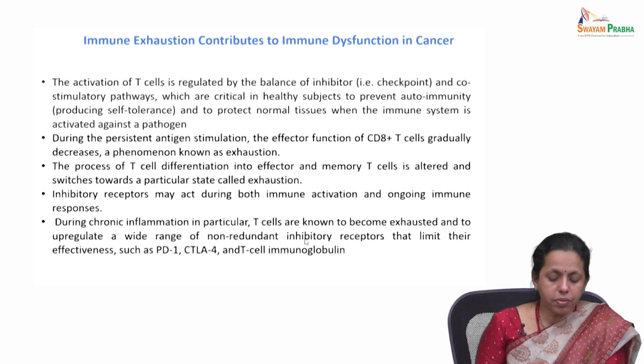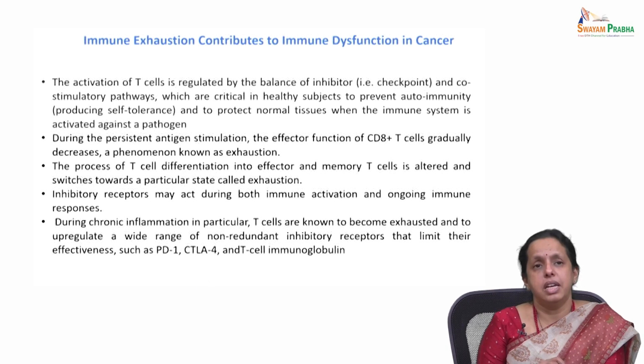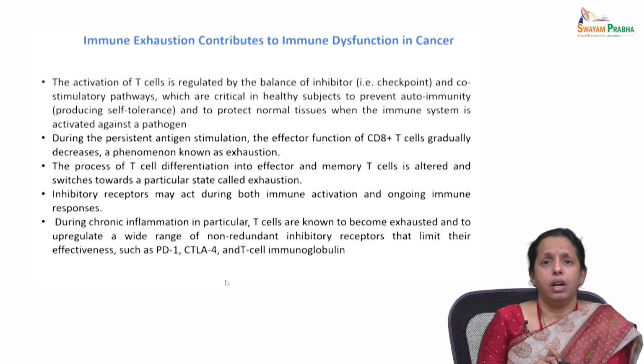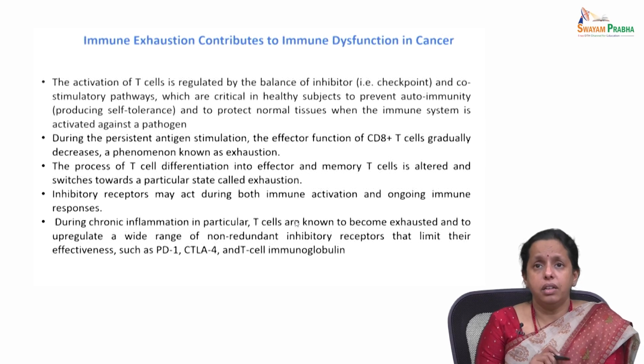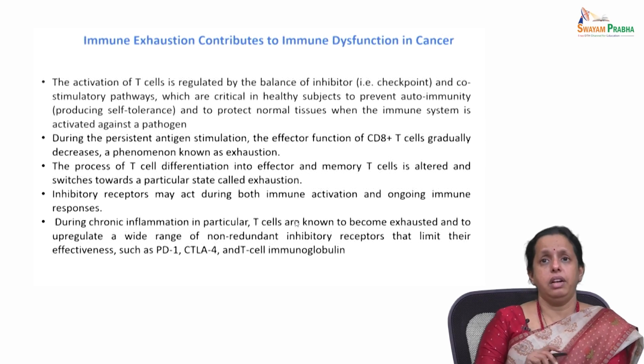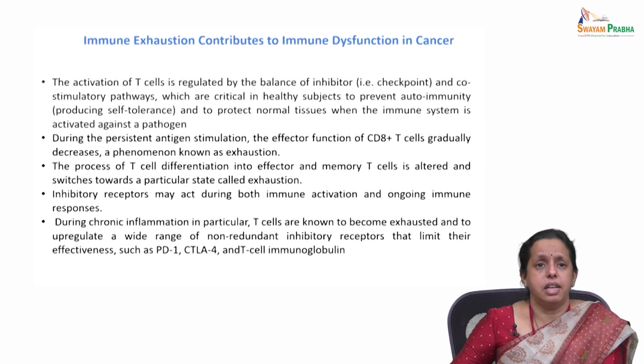The whole purpose of your T cell effectiveness is lost when you have an increase in receptors such as your PD1, CTLA4 and T cell immunoglobulin. Blocking the interaction between inhibitory receptors and their ligands will reinvigorate intratumor CD8 T cells.